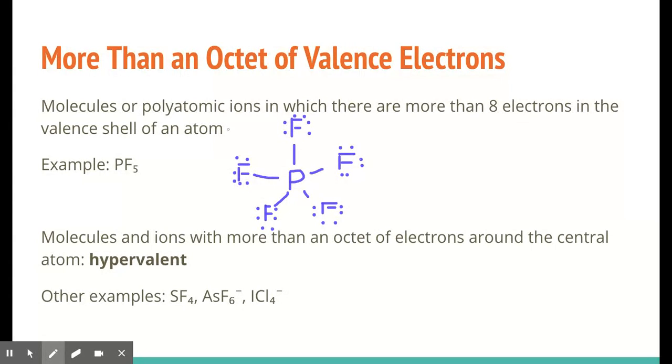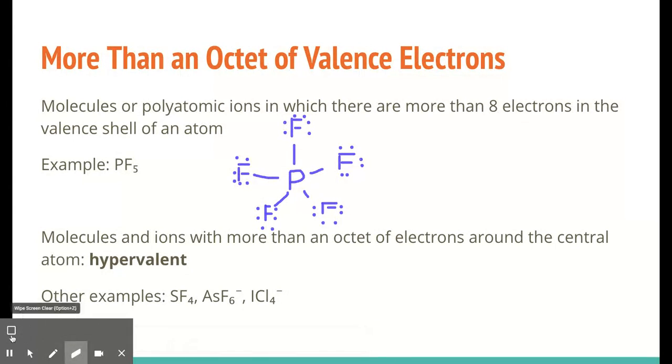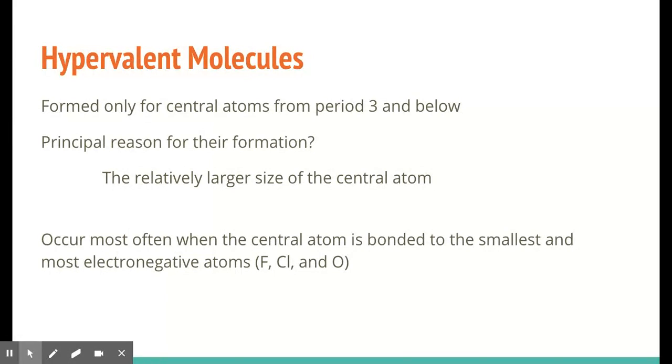Other examples of hypervalent molecules and ions are listed here: SF4, AsF6 -1 ion, ICl4 -1 ion. Hypervalent molecules occur only with central atoms from period 3 and below.